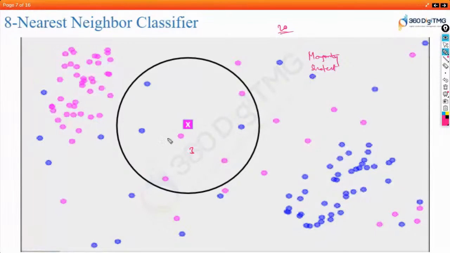So I have 4 pink classes and 3 blue classes. It's like a tongue twister now. Blue class, pink class, blue class. Because it has less number, we are assigning this to the shortest value, pink class. Right? So this is how we generate the classifier models.